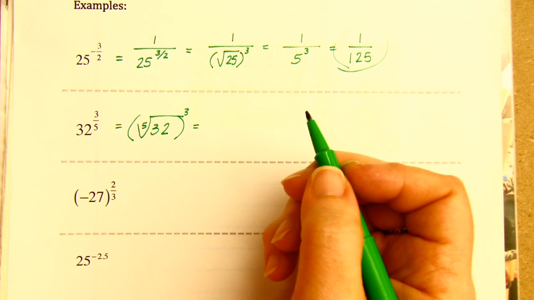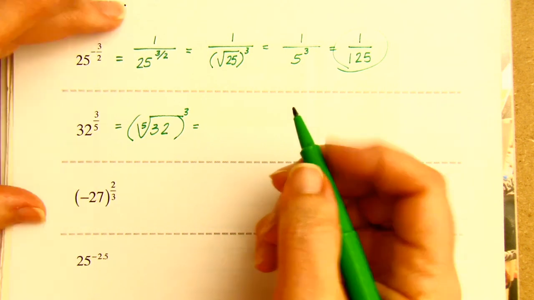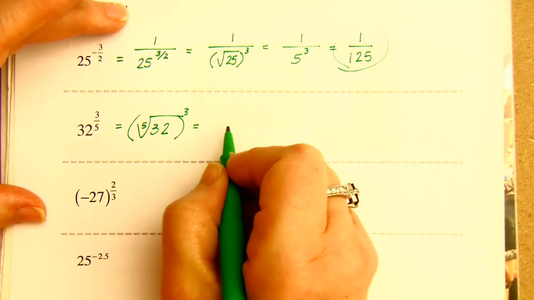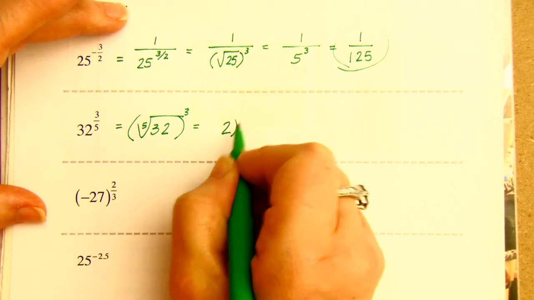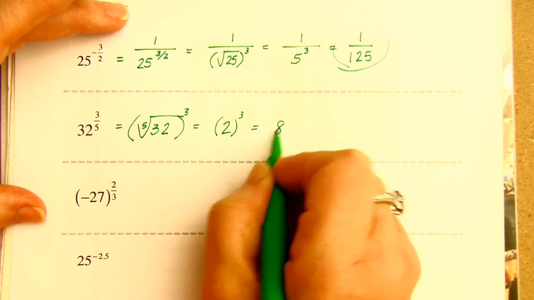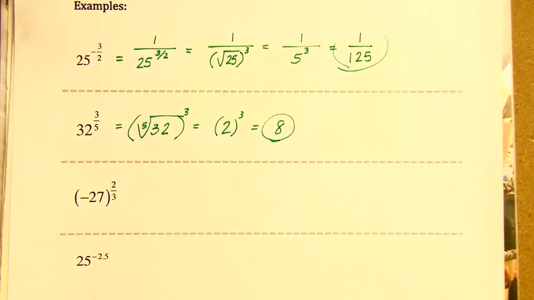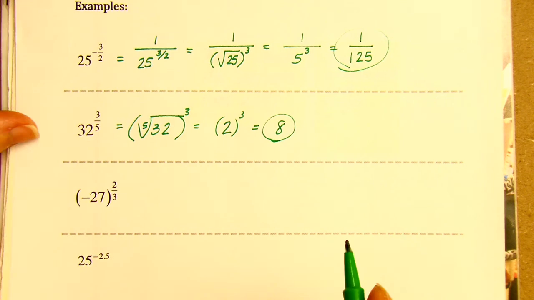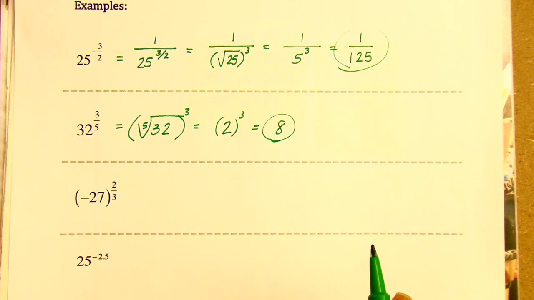Okay, the 5th root of 32 is 2, because 2 to the power of 5 is 32. So this now becomes 2 cubed, and 2 cubed is 8. So it helps if you know some of your basic higher powers, like cubes and 4th powers and 5th powers.